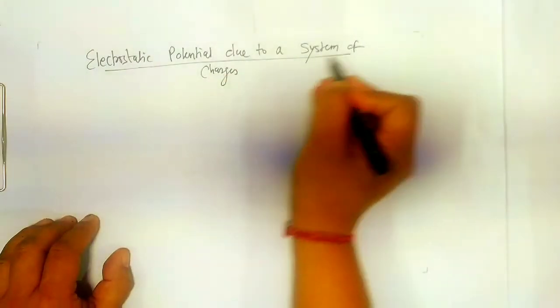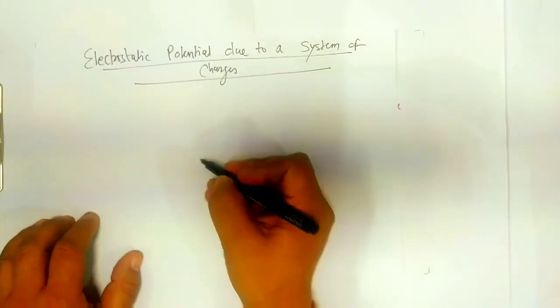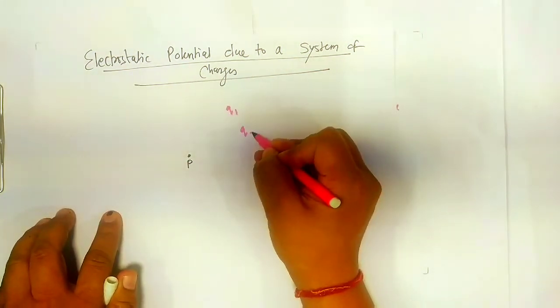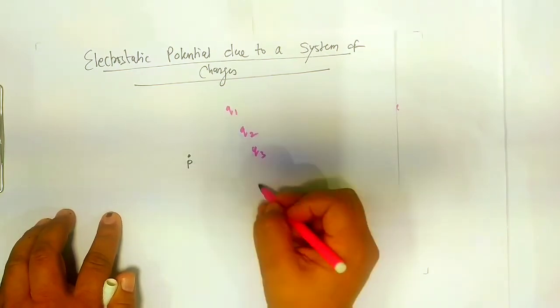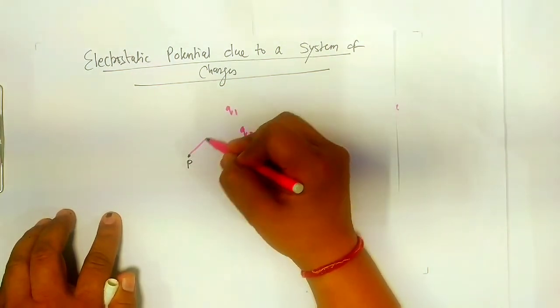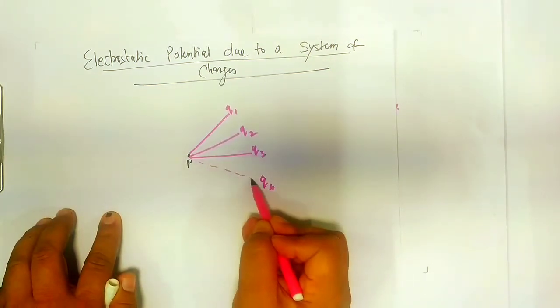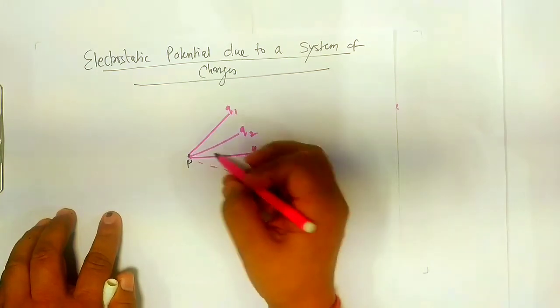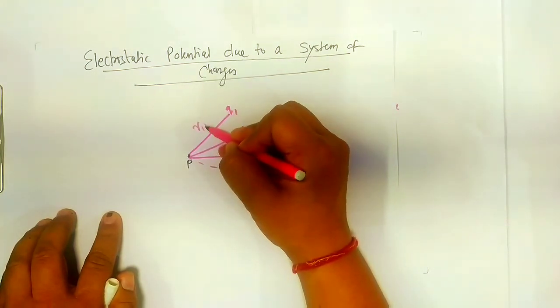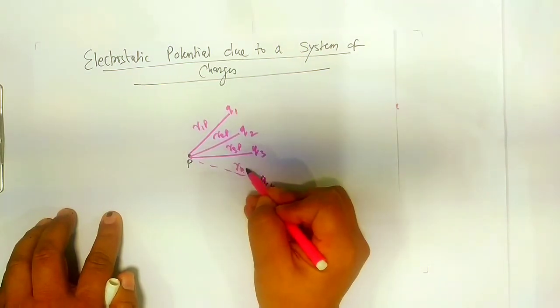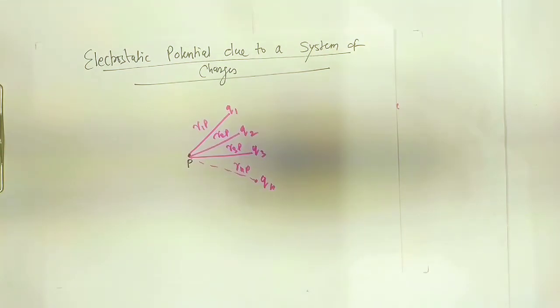You can calculate the electrostatic potential at any point, say this is the point P, and there are a number of charges given, say Q1, Q2, Q3, Q4 and so on up to Qn. The distances are R1P, R2P, R3P and RNP. So what will be the net potential at this point?